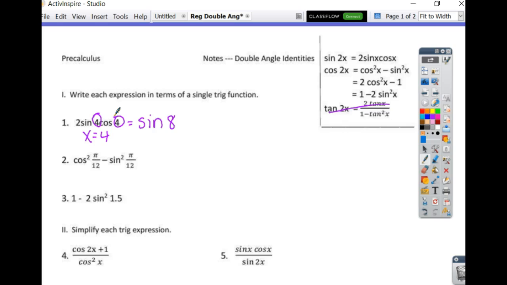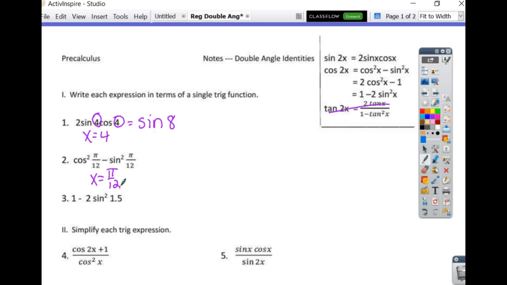Okay, look at the next one. I have cosine squared minus sine squared. Find your formula. Here it is, right here. It's the only one with cosine squared and sine squared. So what does my x equal? X is pi over 12. So cosine squared of x minus sine squared of x is cosine of 2x.